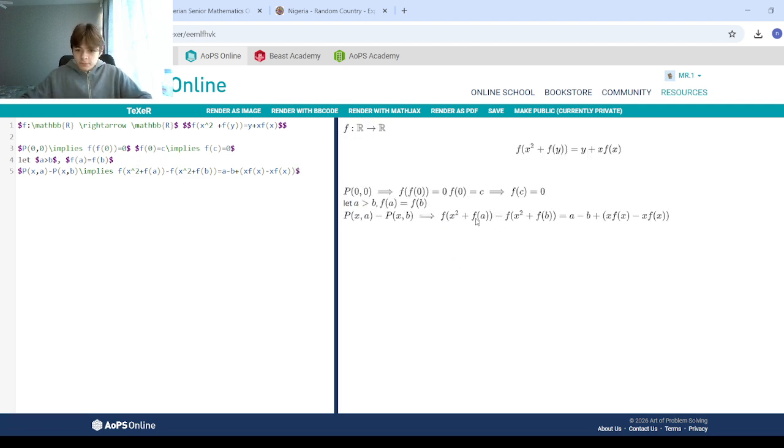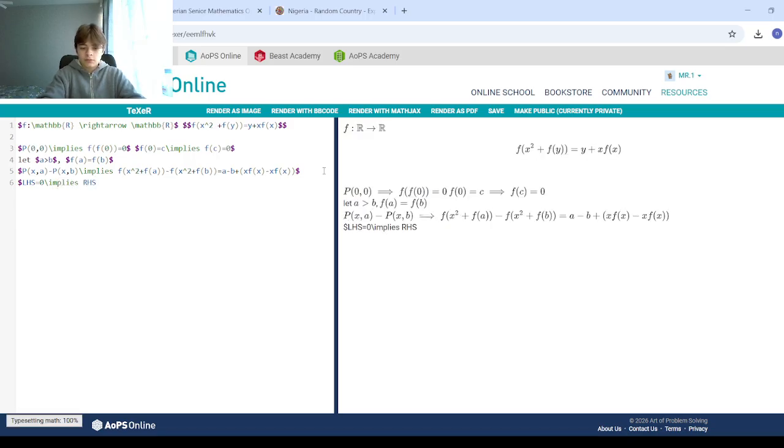So we have this equation. These two are the same: x times f(x) minus x times f(x) is 0, and these two are the same because we know that f(a) is equal to f(b). So we know that the left hand side is equal to 0, which means that the right hand side should be 0.